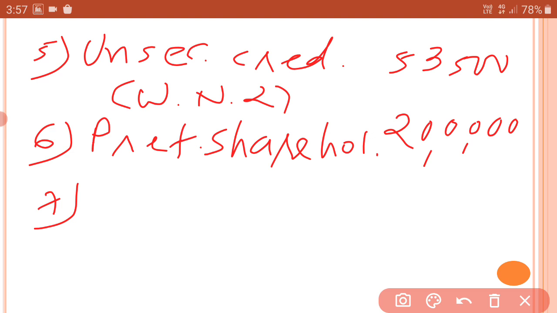And number 7, here you write there are 3 types of equity shares: A equity shares, B equity shares and C equity shares.